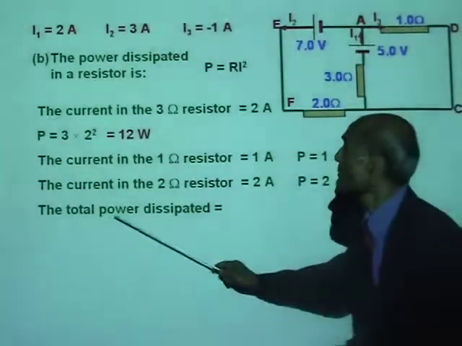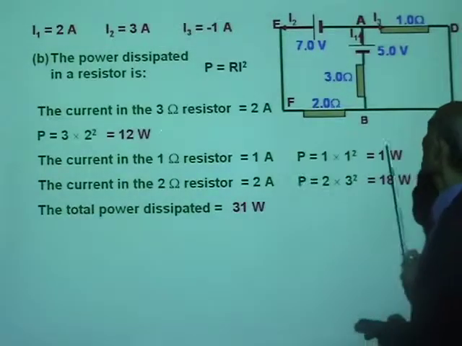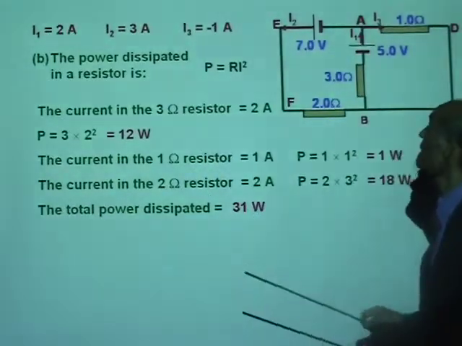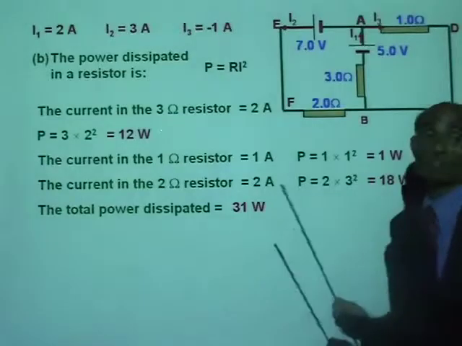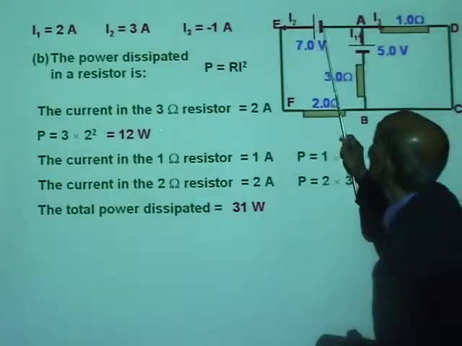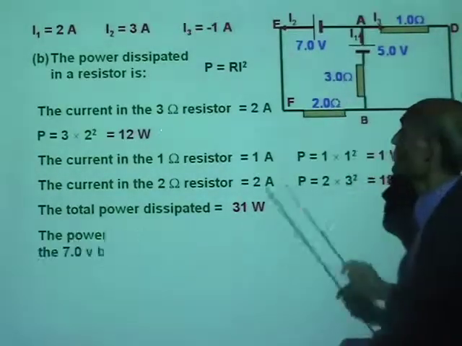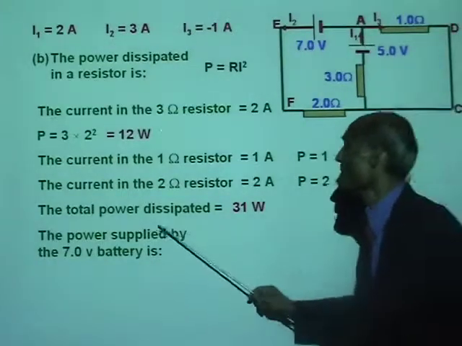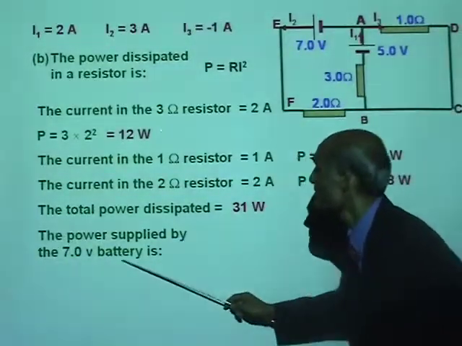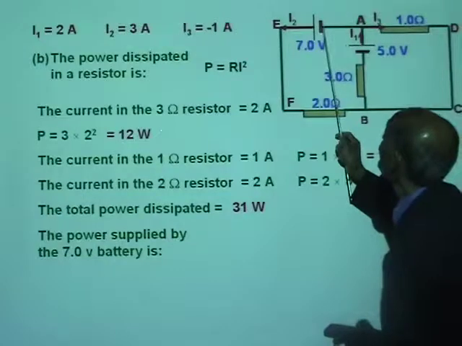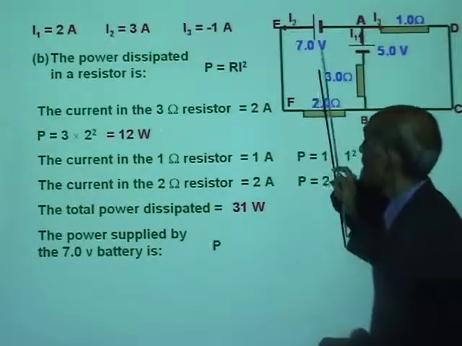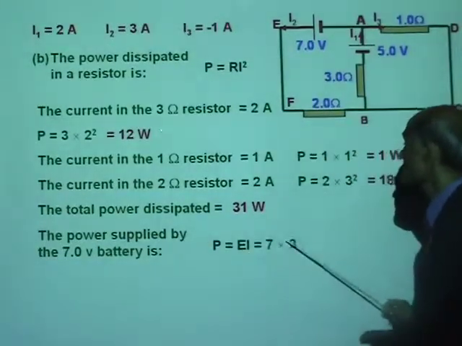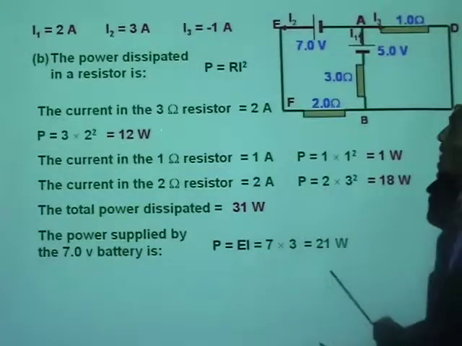So the total power dissipated is, add all these, that is 31 watt, and which must be equal to the total power supplied by the 2 batteries. The power supplied by the 7 volt battery is 7 volt times I2. That will be 7 times 3, 21 watt.